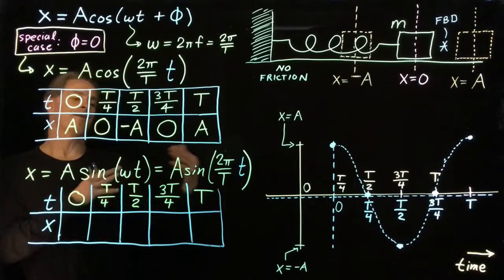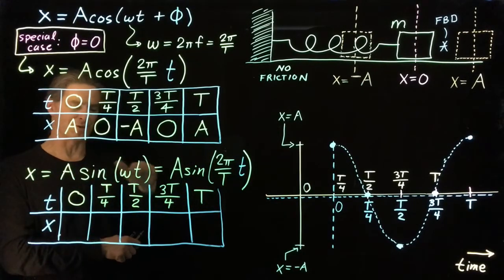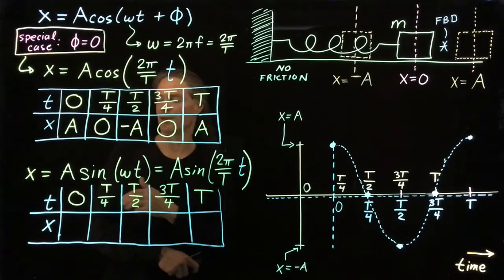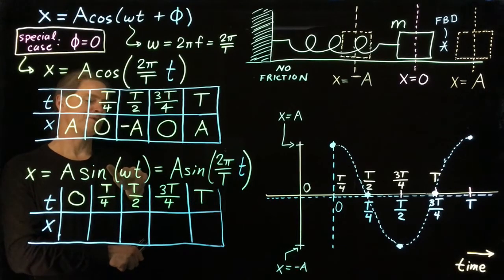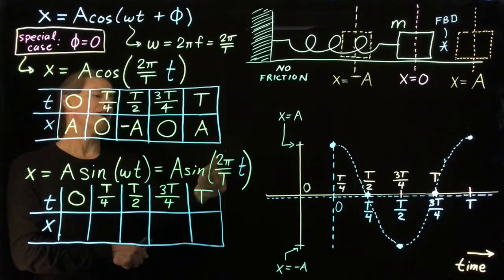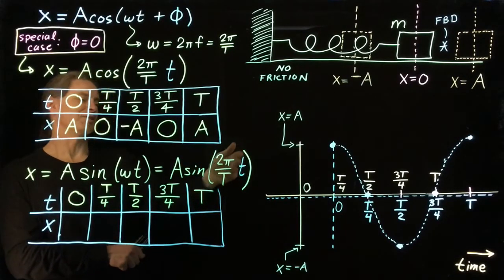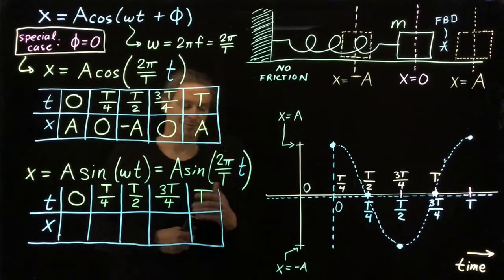Well, let's set that theta equal to 0 and just look at the special case and see what comes out for this plot in this form. x equals amplitude times sine omega t, which I could write as amplitude times sine of 2 pi over the period times the little time t.